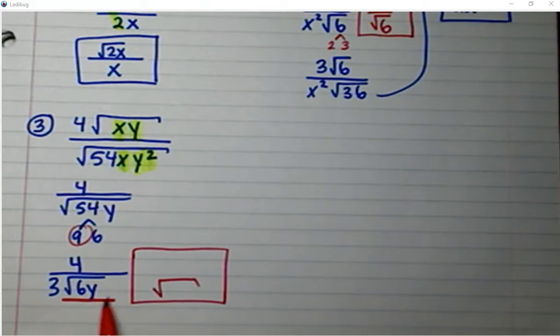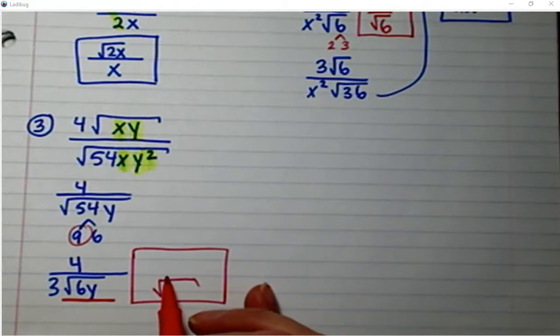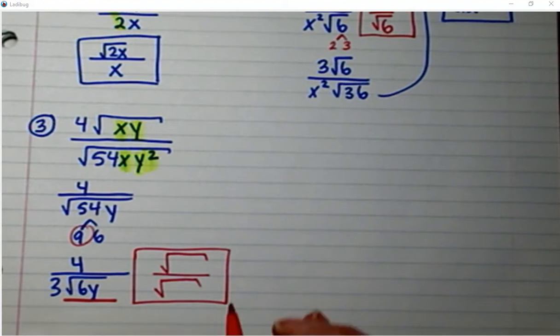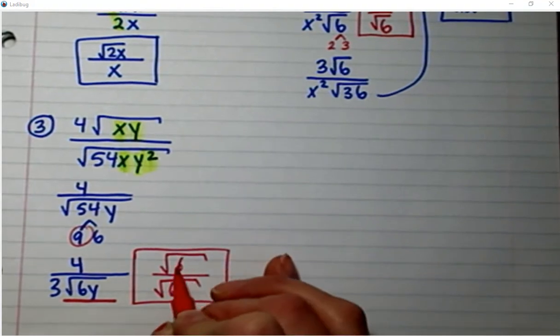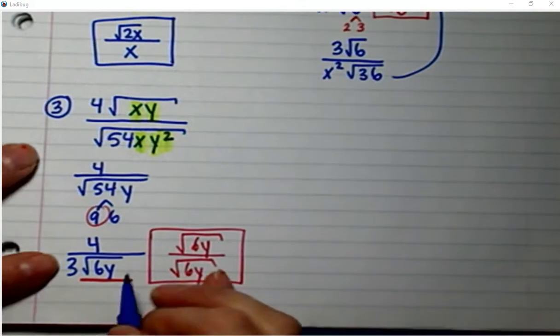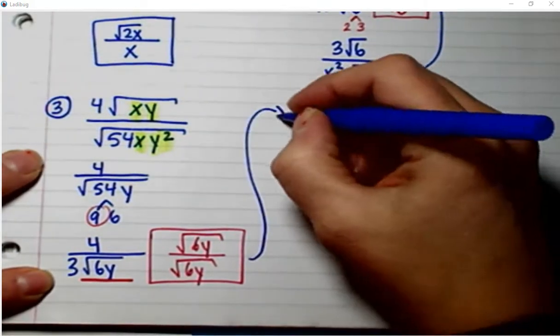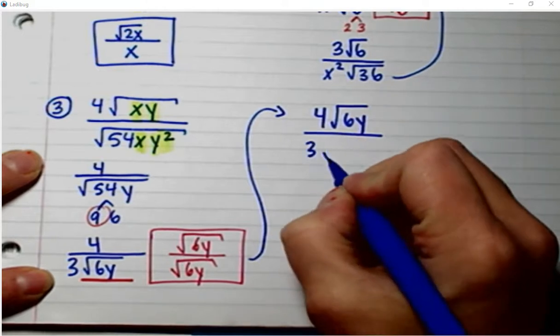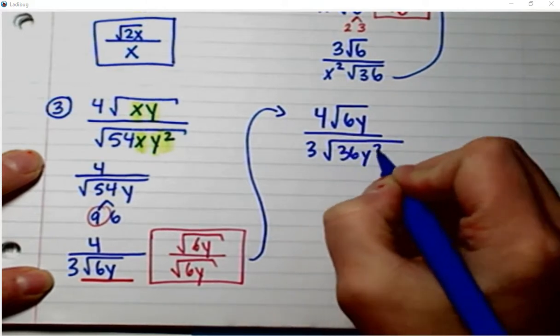Because I need to multiply by something so that root 6y will simplify completely. You got to turn it into a perfect square. You got 6y? Yes, 6y. Because if you multiply by root 6y, this turns into root 36y squared, perfect square. So I get 4 root 6y over 3 root 36y squared.